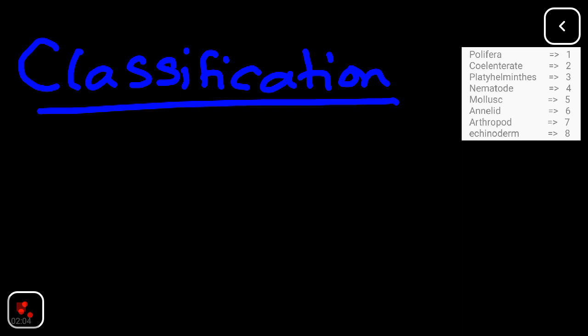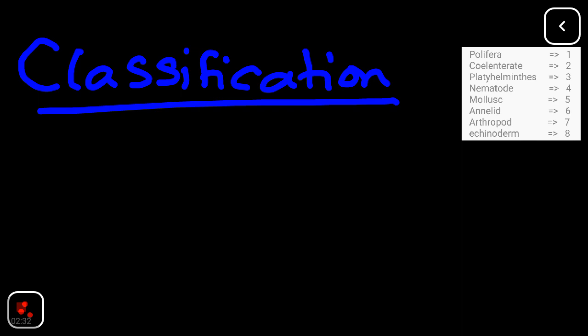Echinoderm is number eight. Number nine is chordate. I wasn't able to put it there, but we don't really need it, because we already know that chordate is the last one. So here we have eight phyla, but what we're going to discuss is from Porifera to nematode.